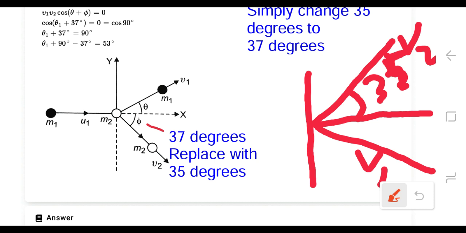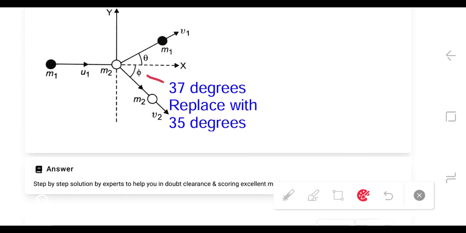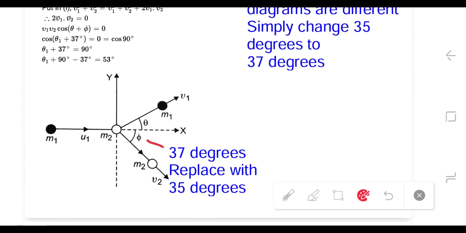Okay, so if this is 35, that is V2, V1. Those are the only things that have been just changed. So I said you can still put the 30, replace the 37 degrees with 35.